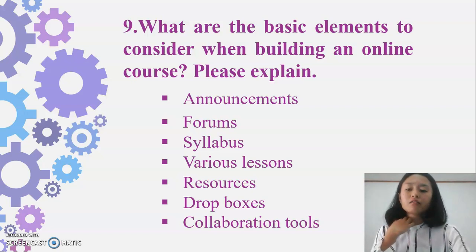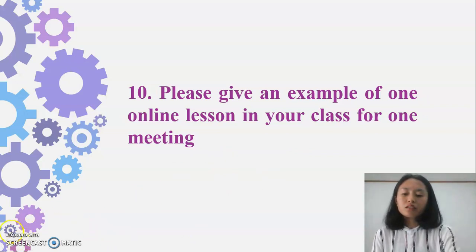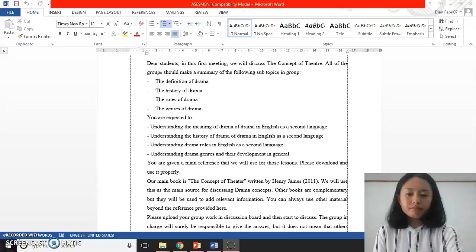And then the last question is, please give an example of one online lesson in your class for one meeting. So this is the example. Dear students, in this first meeting we will discuss the concept of theater.